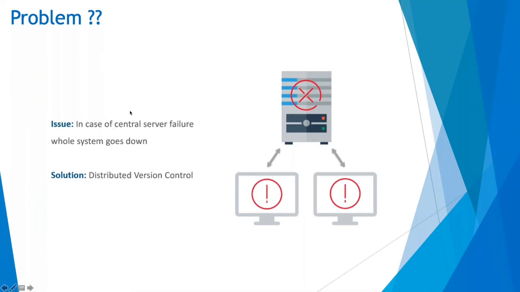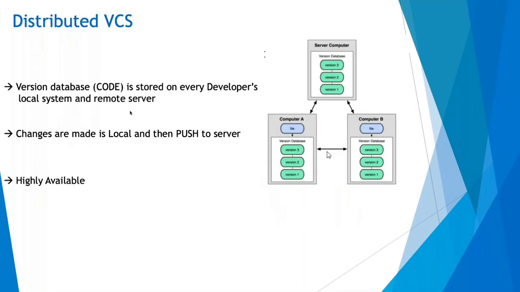That is where, team, you need to go for the next solution, which is the distributed version control system. It also looks like the same. Team, read those points and see this figure and tell me what difference you find when compared to centralized and distributed.